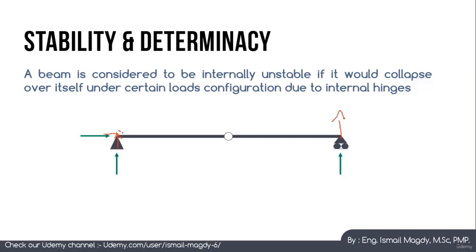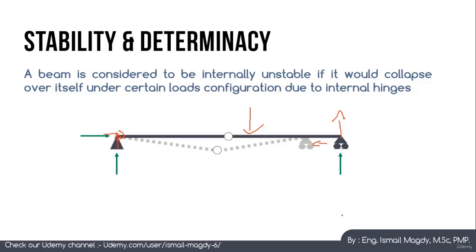So we don't have any point at which all support reactions are concurrent. So this beam is not externally unstable. However, if you apply any force here, what will happen? The beam will start to deflect here because of this internal hinge, and this roller will start to move laterally in this direction. So we are going to have this shape, which means that this beam is internally unstable.